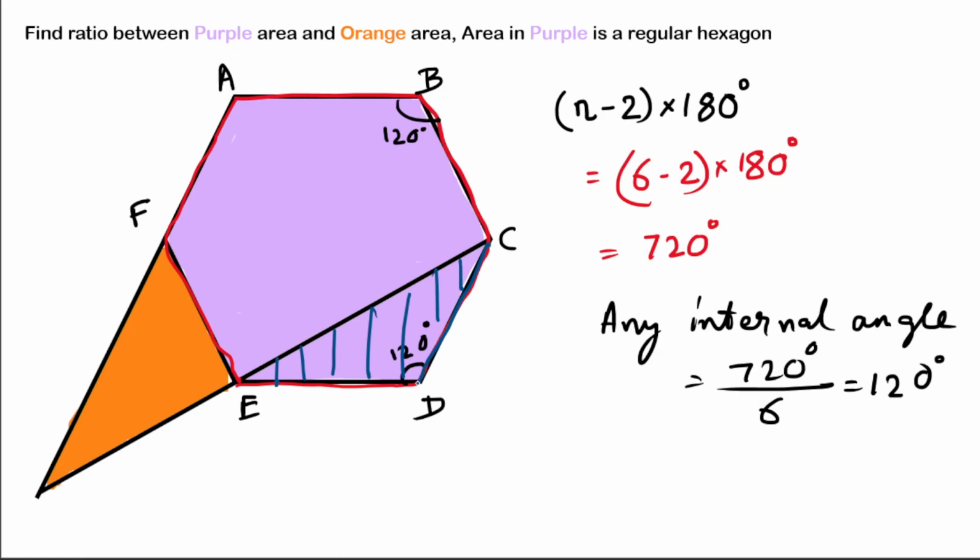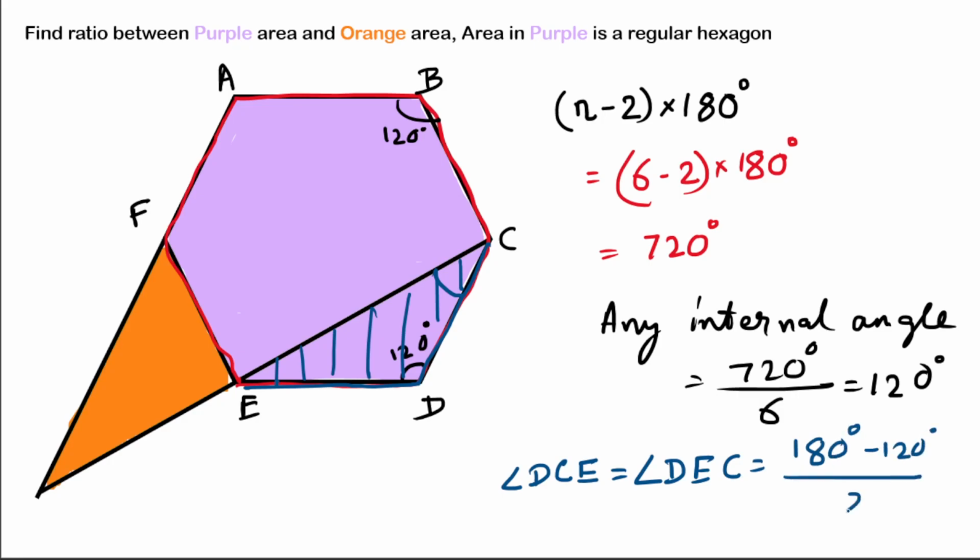So this side and this side will be equal, right? So what about this angle, DCE, or in fact DEC? Both of these will be equal, and each of them would be (180 minus 120) divided by 2, right? So this is 30 degrees. This particular angle is 30 degrees.